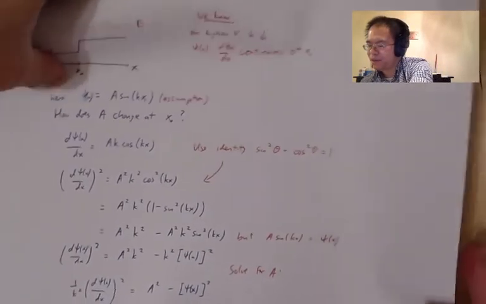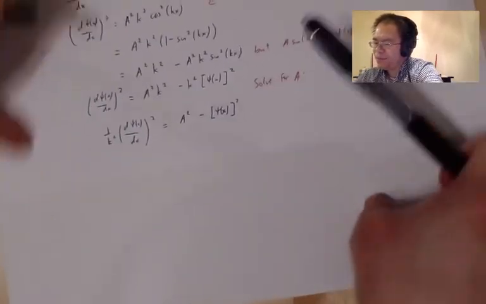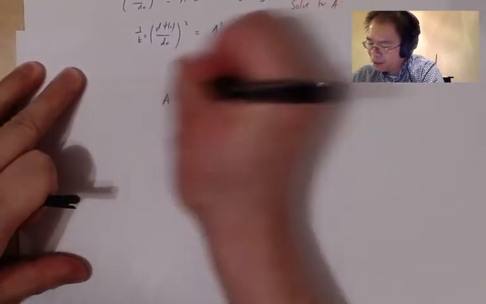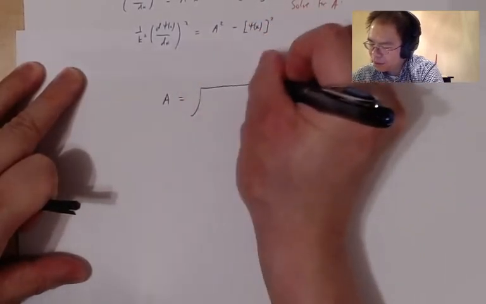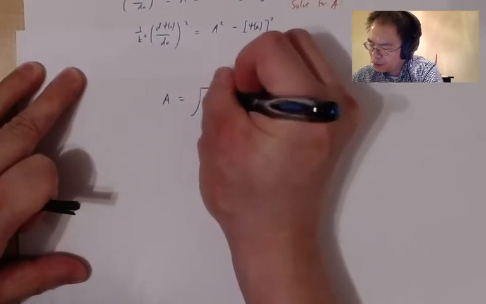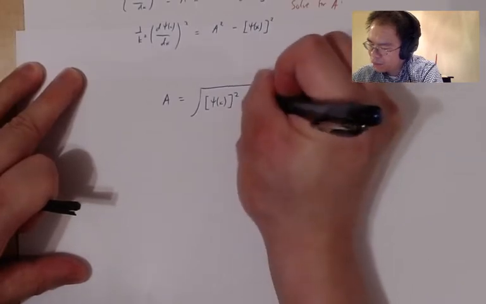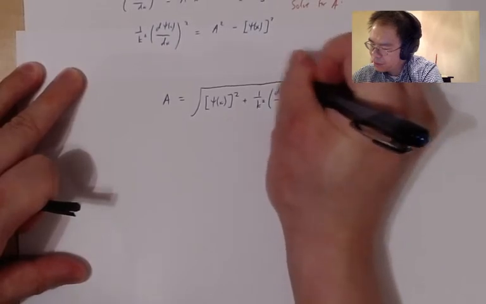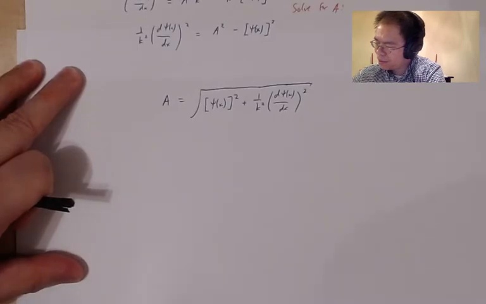Let me advance the page a little bit. This gives me A, if I just shove this over and take the square root, I will get the square root of psi of x squared plus 1 over k squared times my derivative squared. So here's where we invoke the continuity.